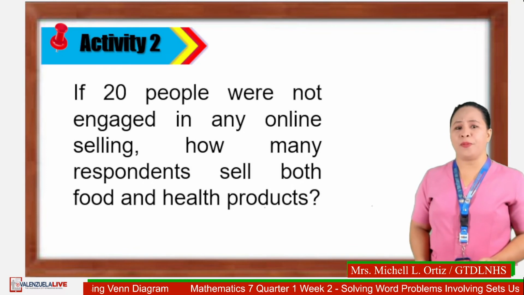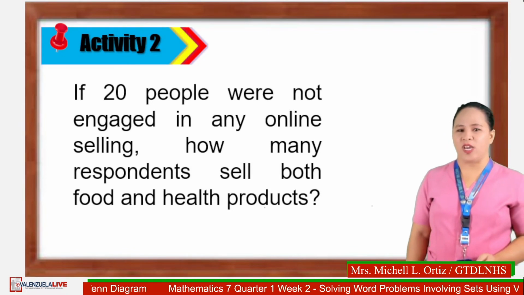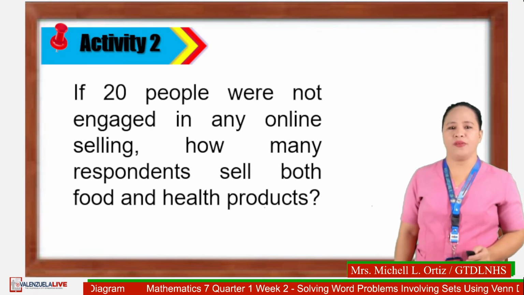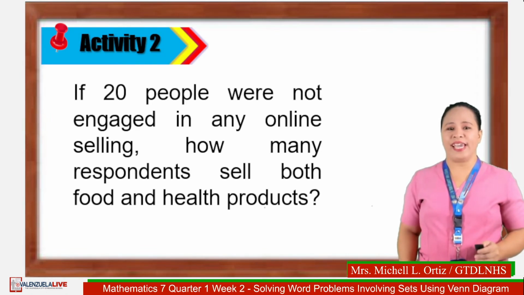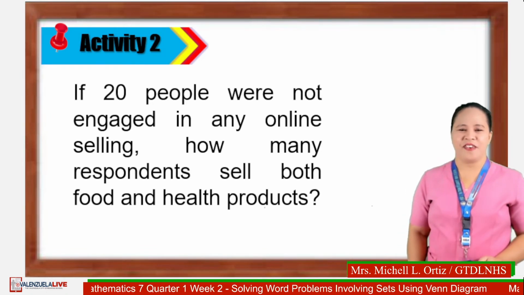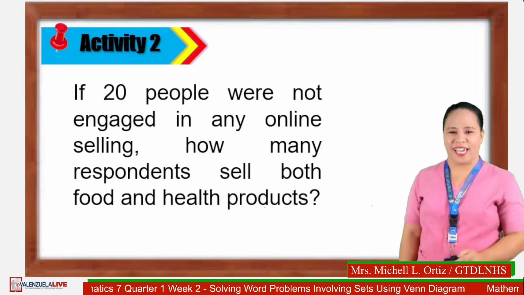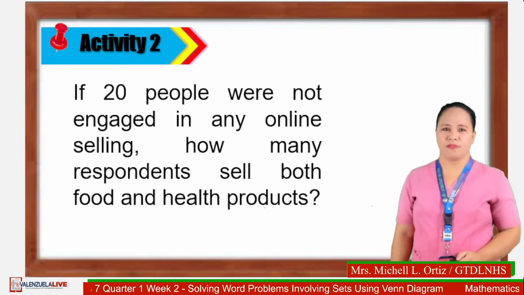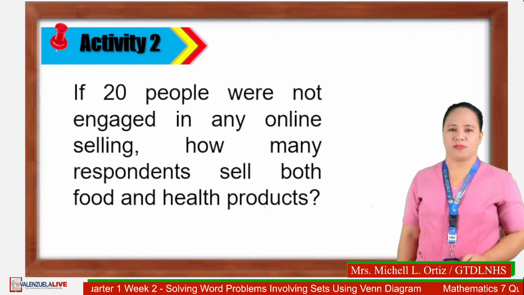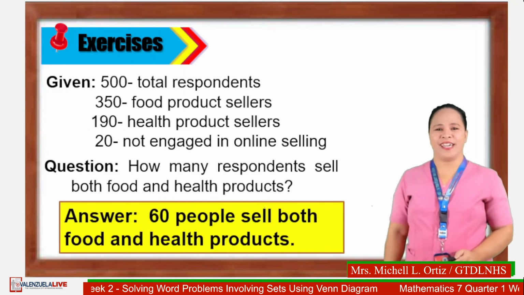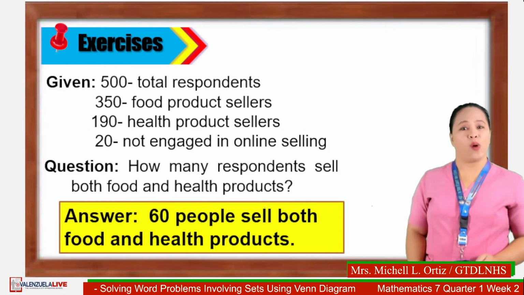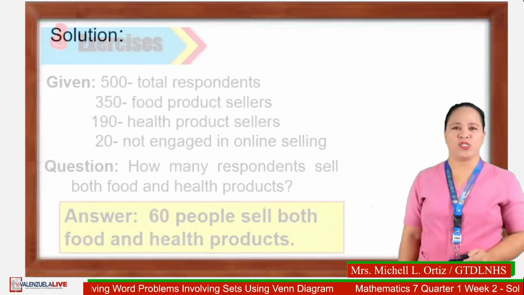If 20 people were not engaged in any online selling, how many respondents sell both food and health products? 5 seconds to key in your answer. If your answer is 60, then you are correct. And why 60? Let's show the solution.